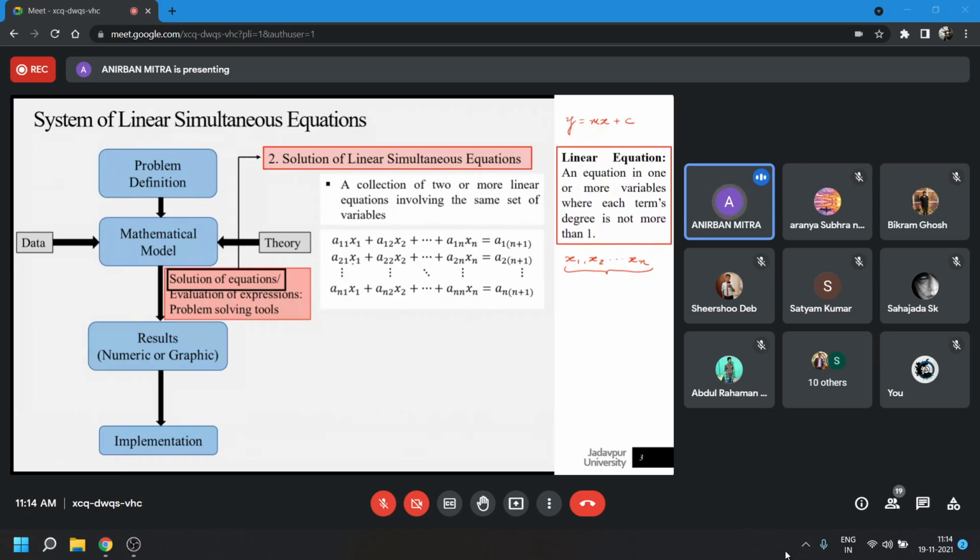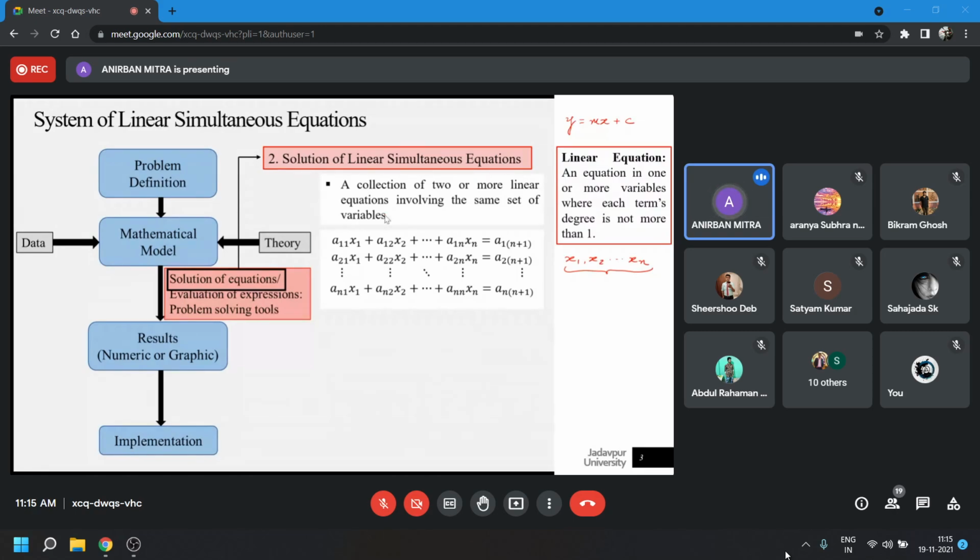You can see x1 here, x1 here, same for x2, going up to xn. Maybe some of them might be missing from some of the equations, provided that the coefficients of those terms are 0. But mainly, these n unknowns would be involved in these equations.